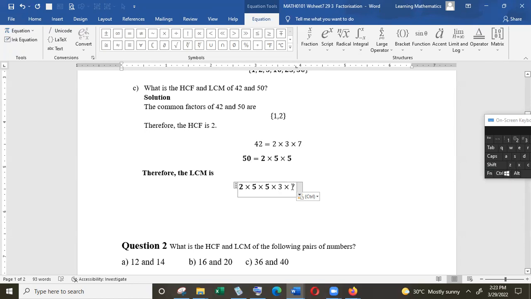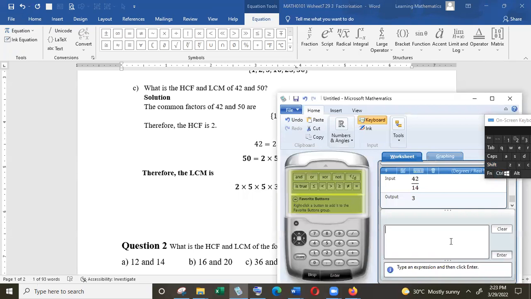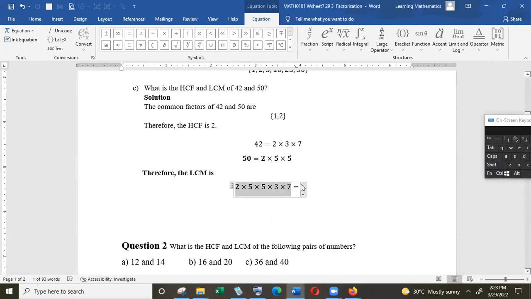So the lowest common multiple is the multiple that is common to both and is the lowest one. It's a number that both 42 and 50 can go into without a remainder. The lowest one will be 1050.